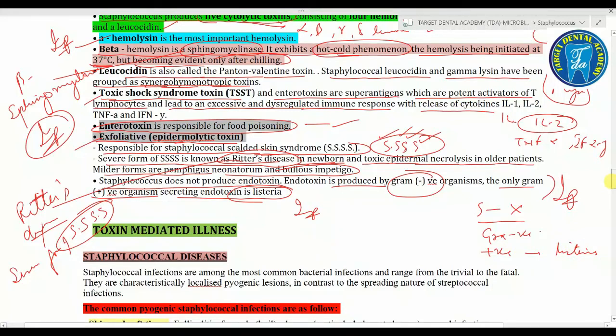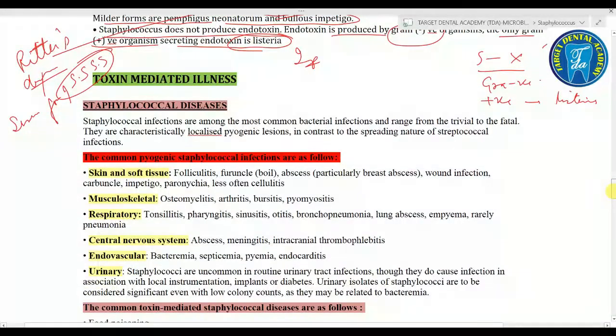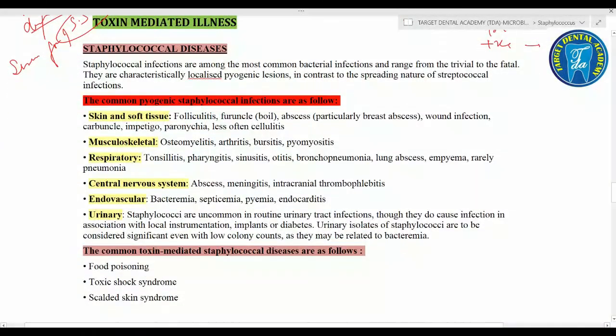Now coming to the toxin-mediated illness, first is the staphylococcal disease. Staphylococcal infections are among the most common bacterial infections and range from the trivial to the fatal. They are characteristically localized pyogenic lesions, in contrast to the spreading nature of streptococcal infection.